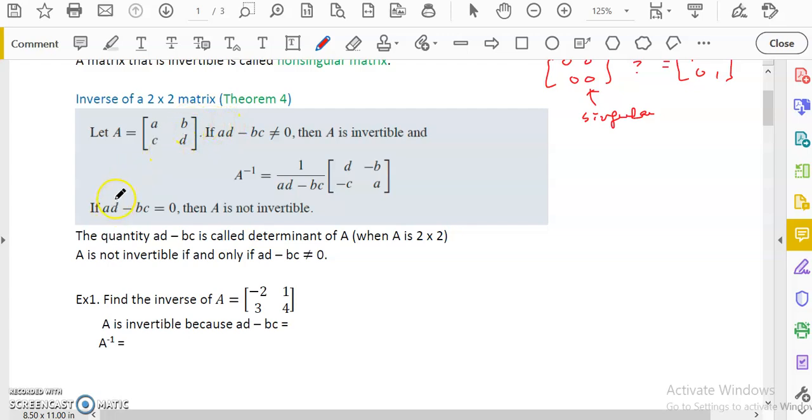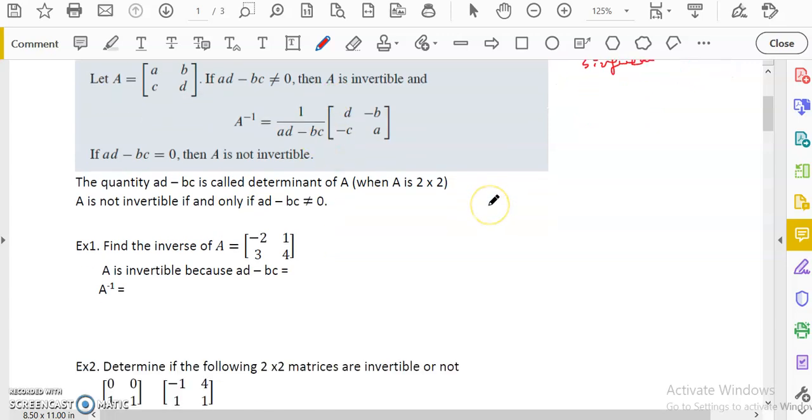So before you find A inverse, check whether AD minus BC is 0, because if it's 0 you cannot do 1 over it. The value is undefined, so there is no inverse. It's singular. This quantity has a name: it's called the determinant, because you can use it to determine if the matrix is invertible.